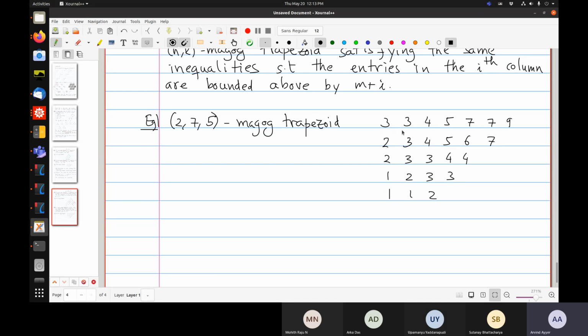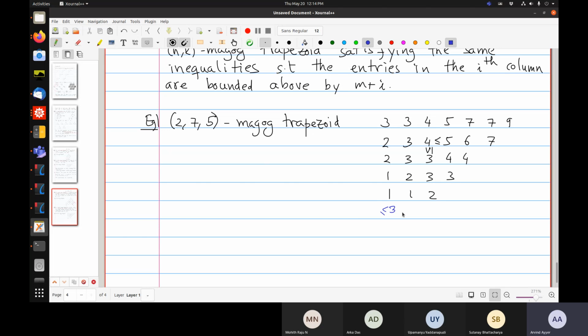There's more freedom. But the other inequalities are the same. So this is weak increase along rows, and weak decrease down columns, but this condition. So here m is 2.